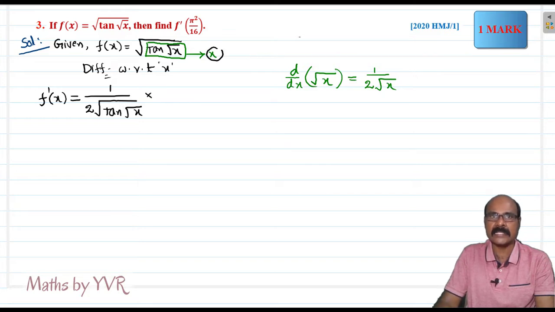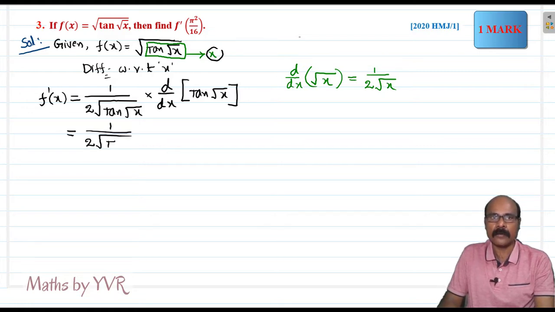That's why we differentiate that function, that means d by dx of tan of root x. That is equal to 1 by 2 into root of tan of root x into the derivative of this.